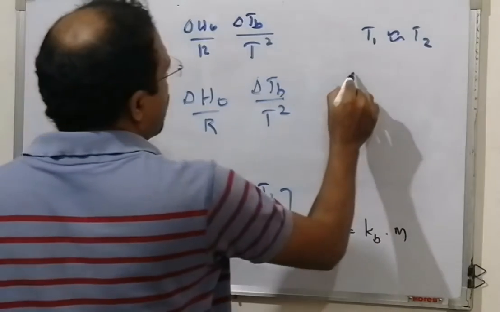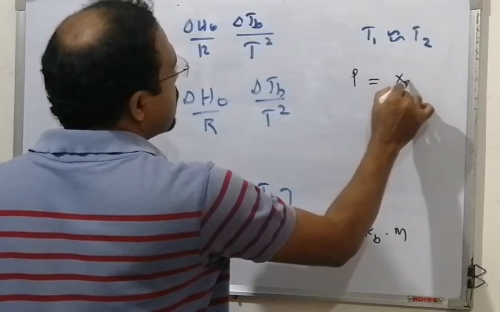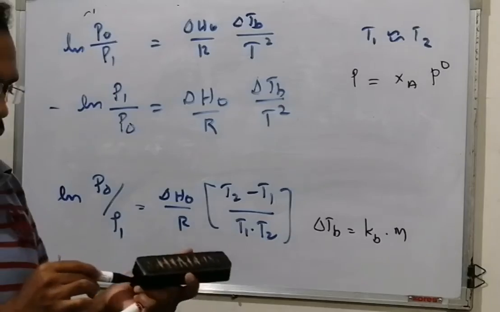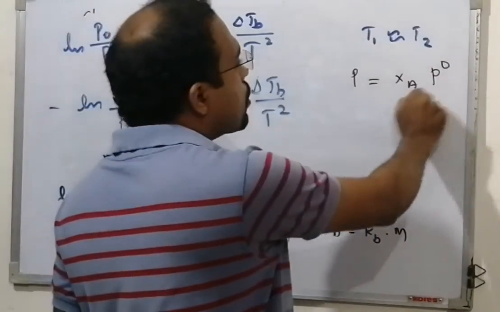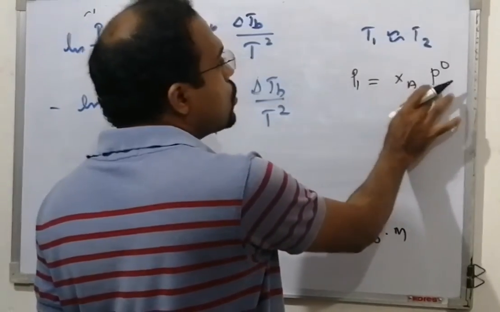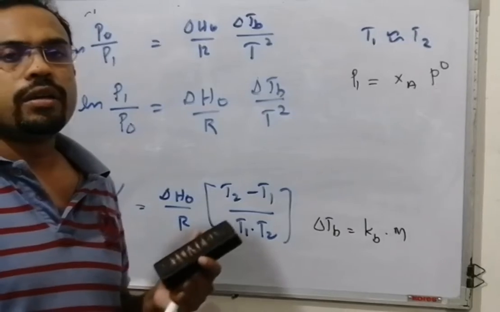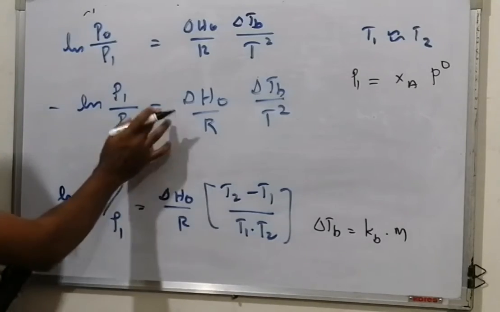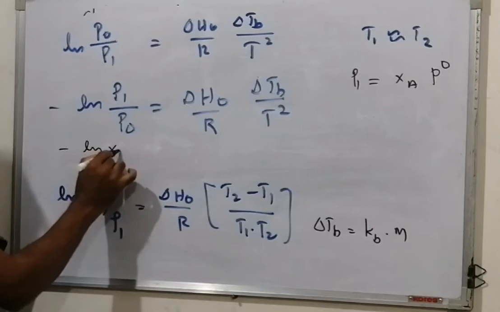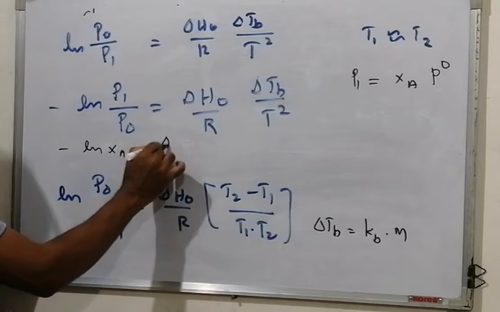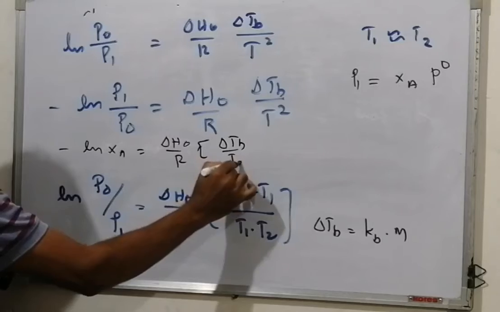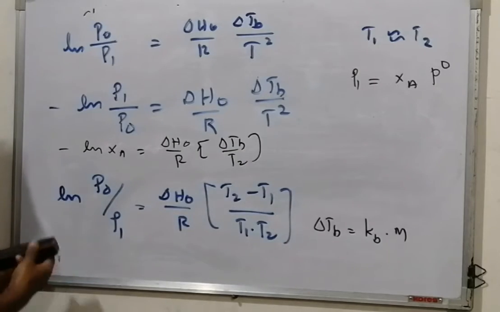Now we know that P1 is equal to XA into P0. What is P1? Vapor pressure of the solution. What is P0? Vapor pressure of pure solvent. Vapor pressure of a solution is equal to mole fraction of the solvent into vapor pressure of solvent in pure form. We learned that. Therefore, when you apply that here, P0 and P0 cancel. You will get minus ln XA is equal to delta H0 by R into delta Tb by T square, where delta Tb is the elevation in boiling point.